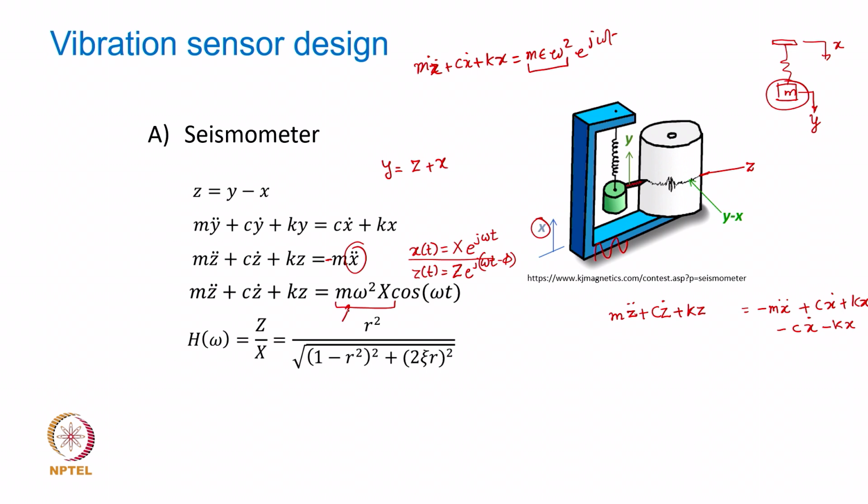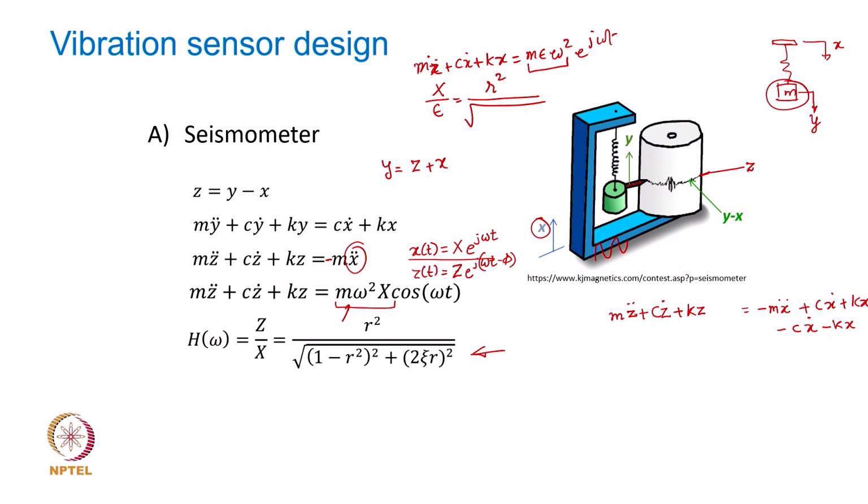It is a case of the rotating unbalanced case, except that epsilon is capital X here. Okay. Because of that, what we obtained earlier for a rotating unbalanced case, that capital X over epsilon was r square upon the square root of all that term which is here. So, we basically get the same expression here. Okay.